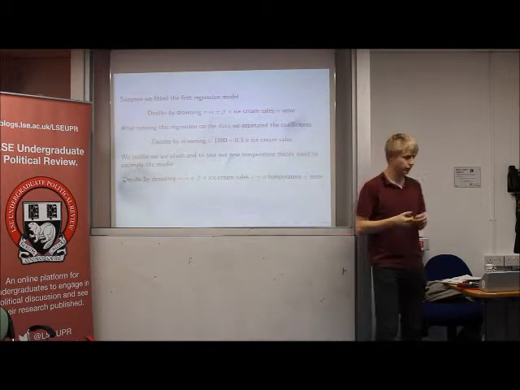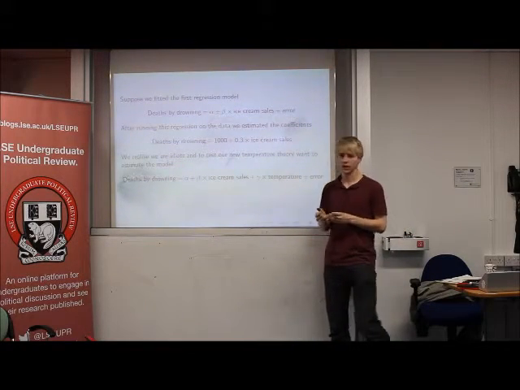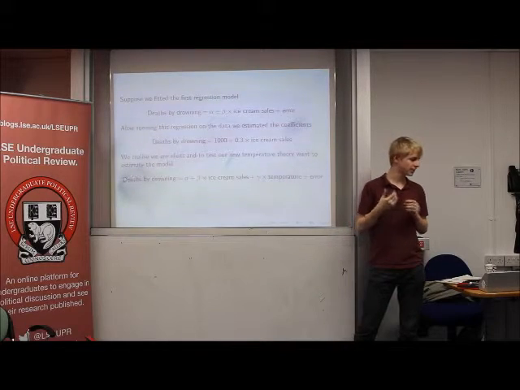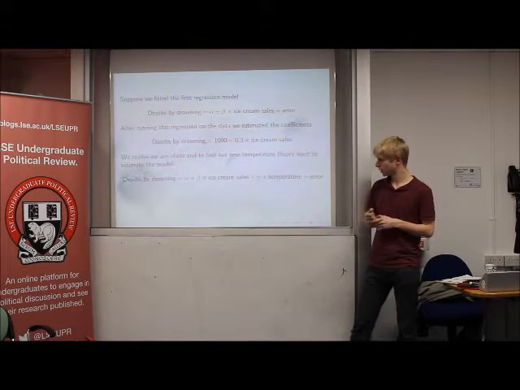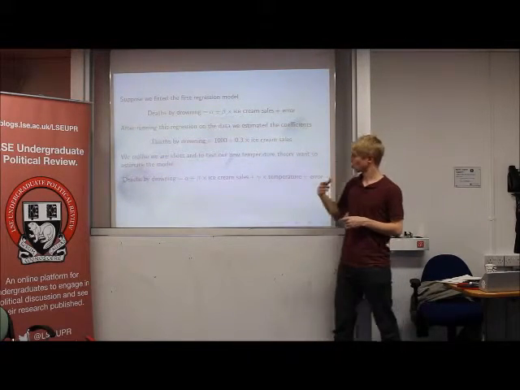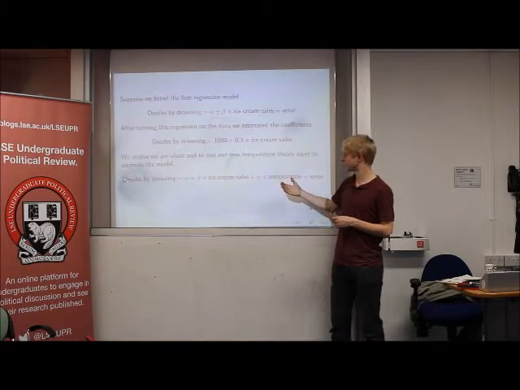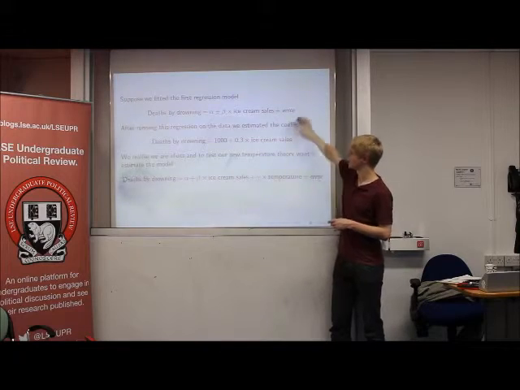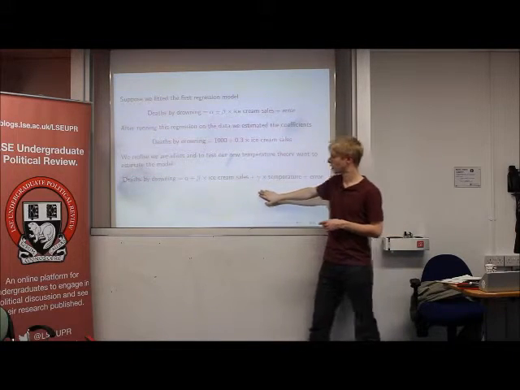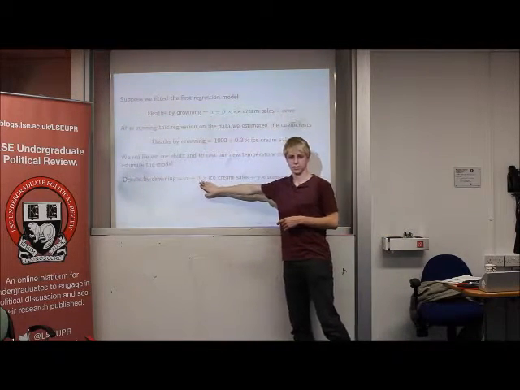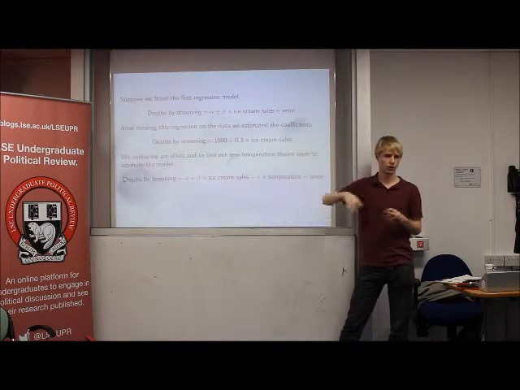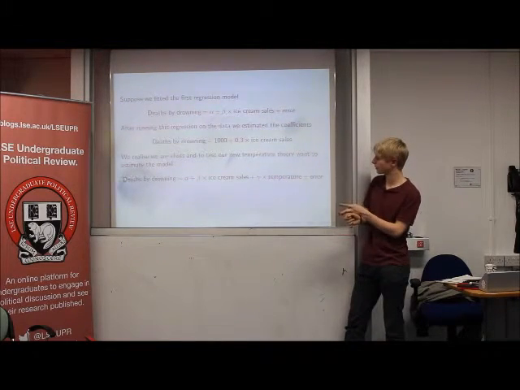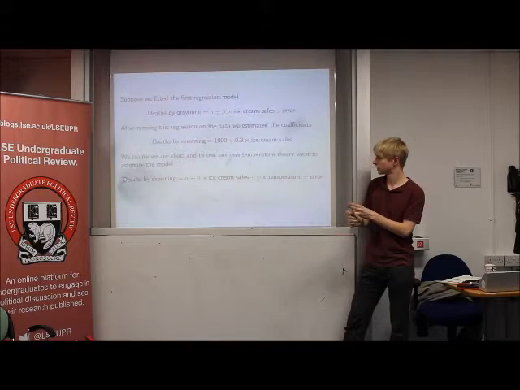So a difficult question, but one that I think is definitely worth thinking about before I just tell you: what do you think is going to be the effect of putting this term into this model on the coefficient of beta, on the standard errors of beta, and on the R squared?